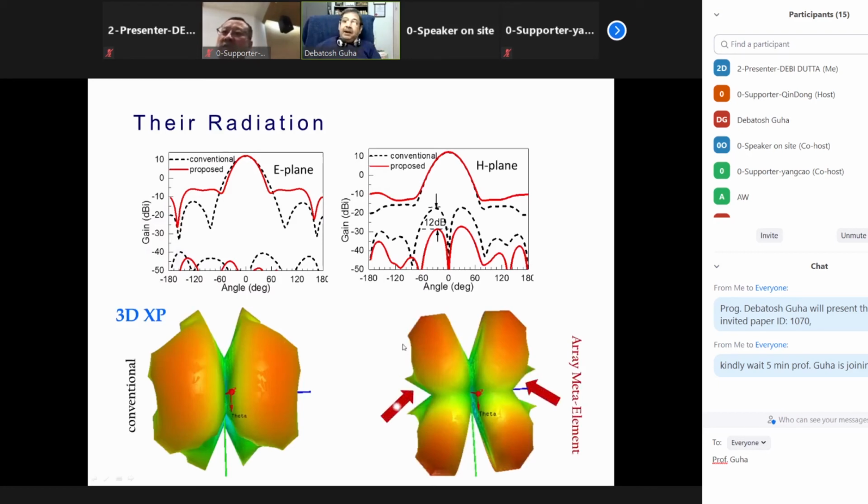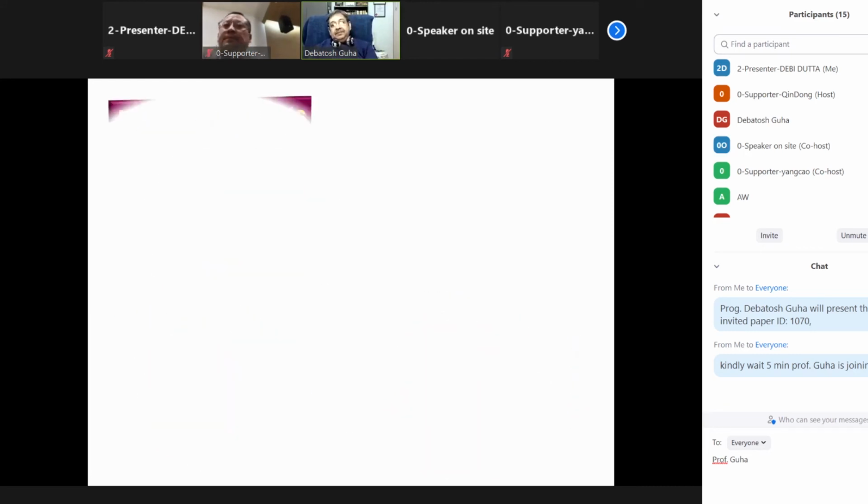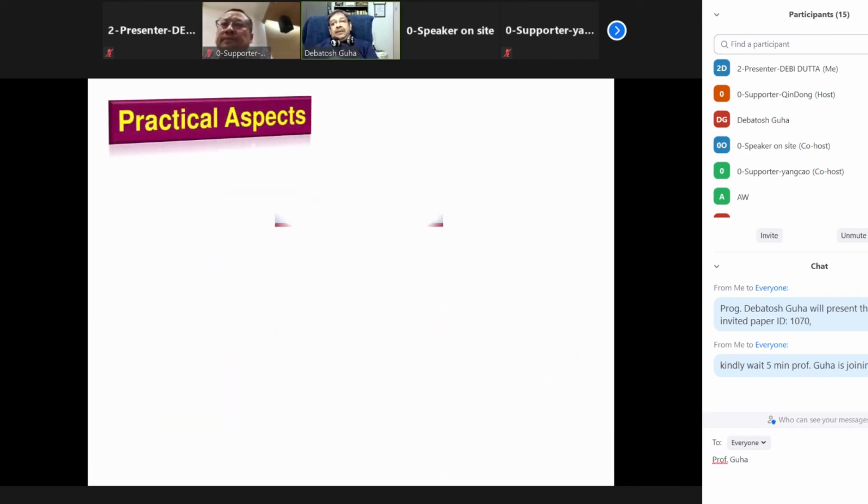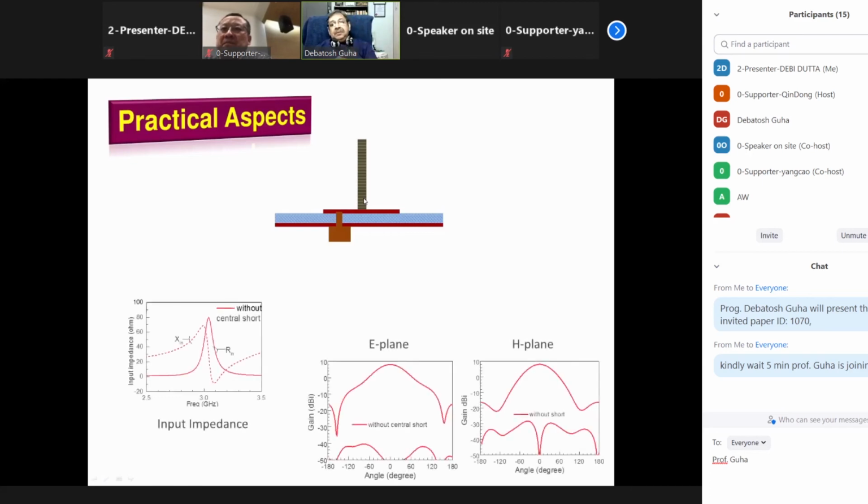And that is the purpose of using the meta element, that just by inserting this, you are going to improve this. I'm going to mention just a couple of things that the engineers may not like, that on top of this you are adding one very sleek pole. Question is, can we short it, ground it?